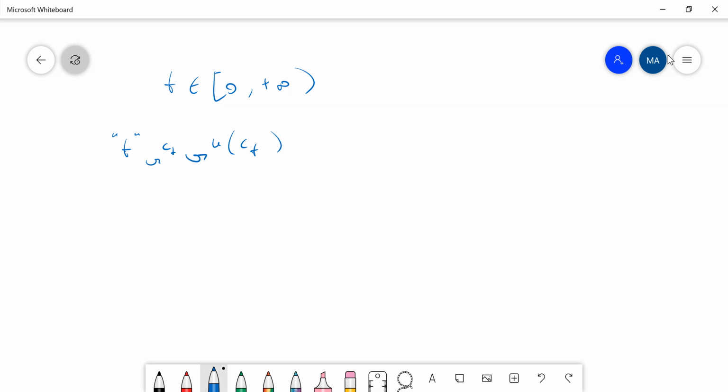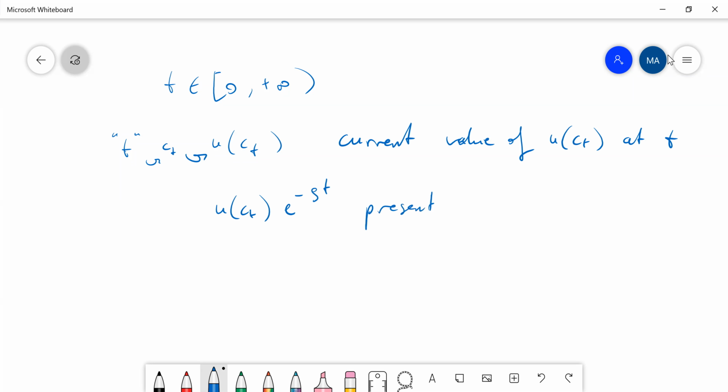Now this is the current value of U(C_t) at t, right? At this particular t. Now this one is the present value of U(C_t) at 0. Okay?